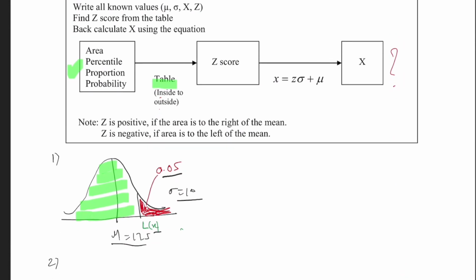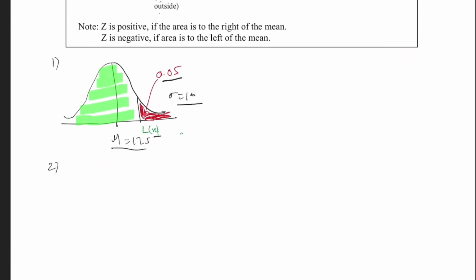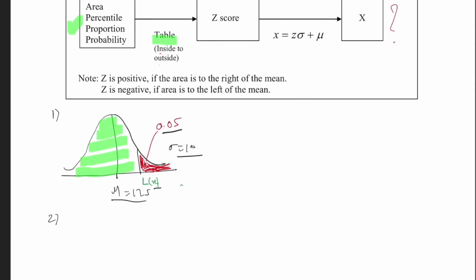So the next step is to find the z-score. Based on the area, we have to find the z-score inside out using the table. If you use 0.05, then you're going to get the question answer wrong, because that is the area on the right side of the curve. Remember, the table always gives us the area on the left side of that score.